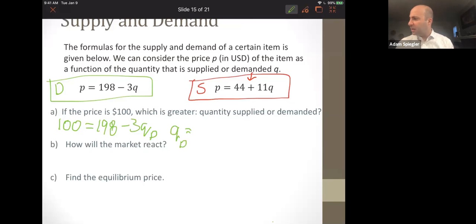Everyone got it? I think this winds up being 32.6. By subtracting the 198 and then dividing by -3. So this would tell me, if we charge $100, there's going to be 32, 33 units demanded.